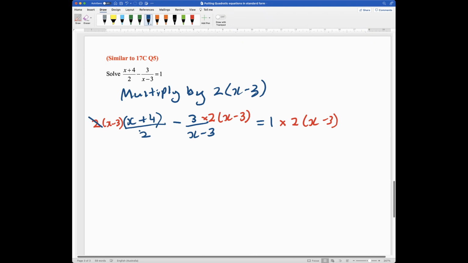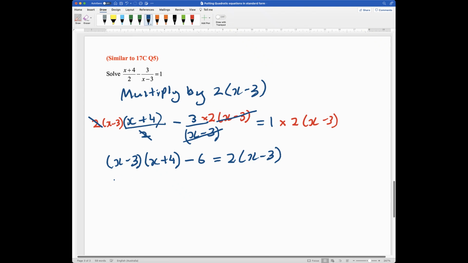So the 2's will cancel here. Now if I put brackets around this, that numerator cancels with that denominator. So now if we write down the result, we still have x minus 3 and then x plus 4 next to it. Then we have minus, now 3 times 2 is 6, equals, and then 1 times 2, x minus 3 is just 2x minus 3. So we've got rid of all the denominators now.